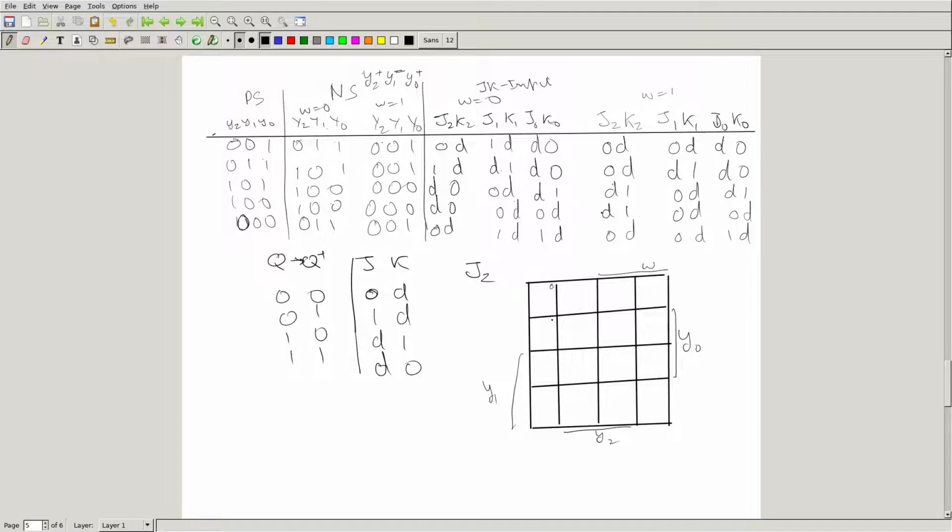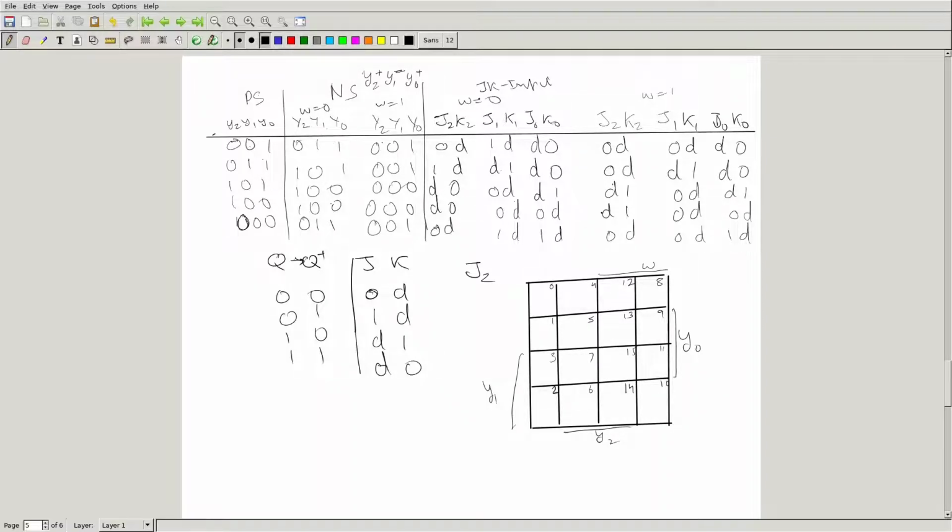And we have min terms 0, 1, 2, 3, 4, 6, 7, 8, 9, 10, 11, 12, 13, 14, 15. Okay.